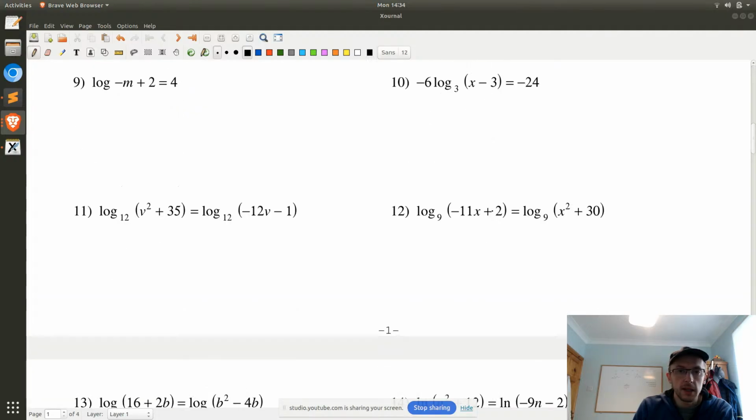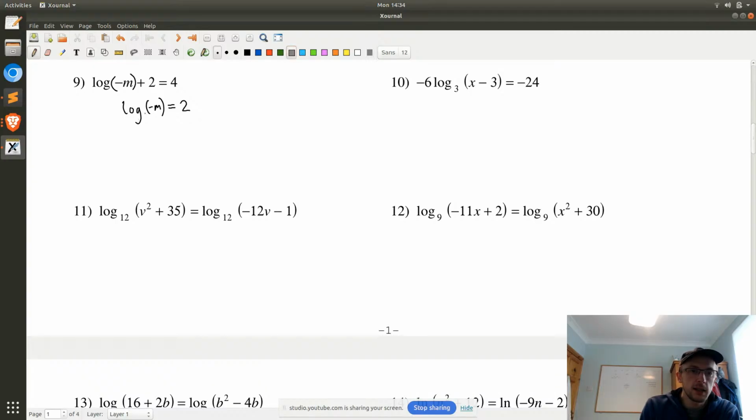Right, now the next 4. So it says that log of negative m plus 2 equals 4. Okay, so log of negative m is 2. And there's a secret 10 down there.